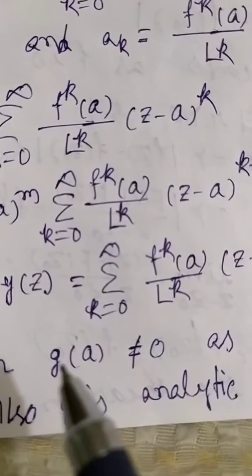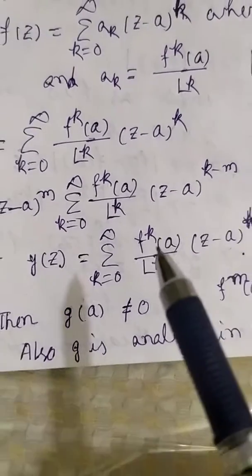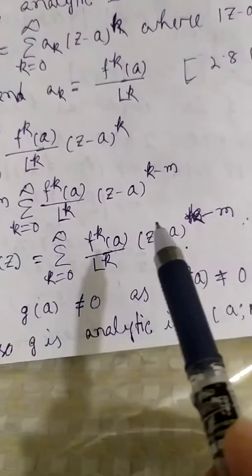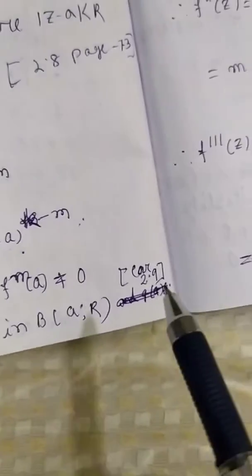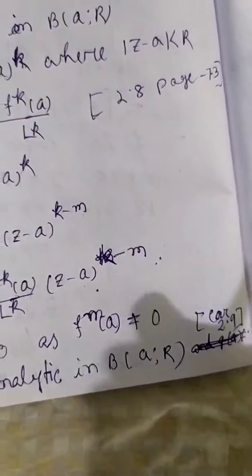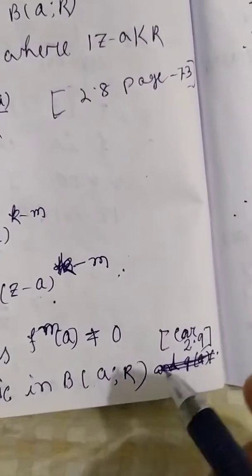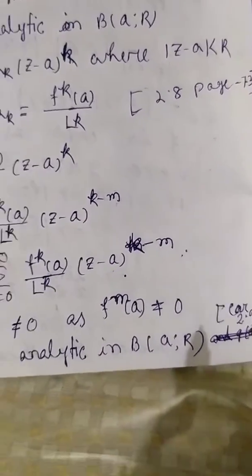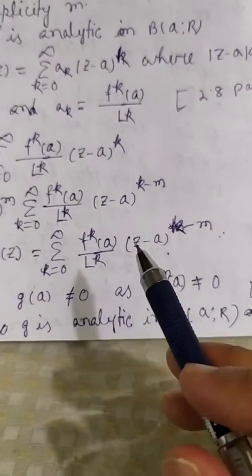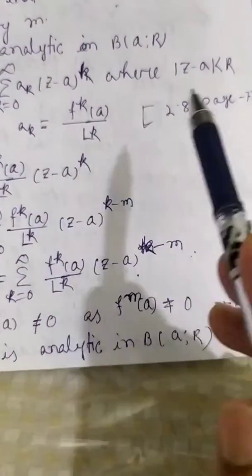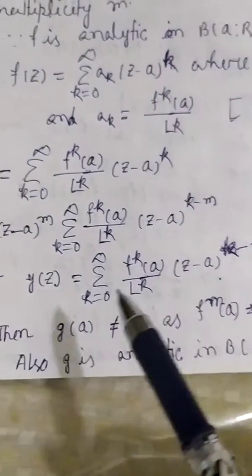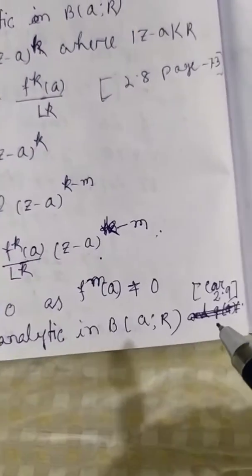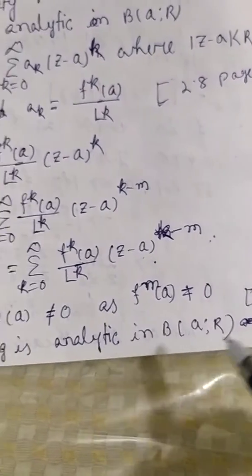Again g is an analytic function, because we have this power series representation for g. So this is from 2.9, the previous one. Since mod of z minus a is less than r, therefore g(z) is also an analytic function in this open ball B(a, r).